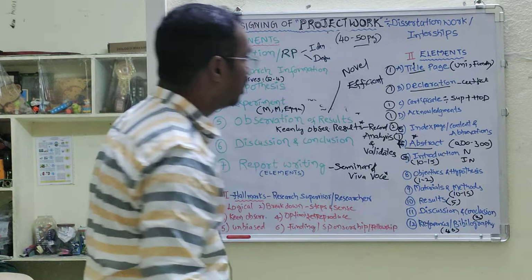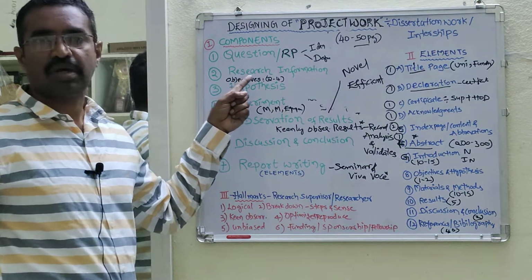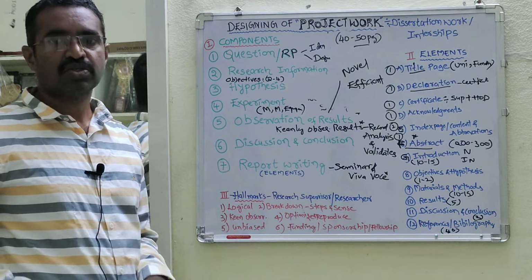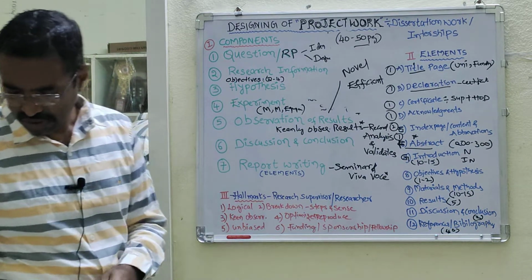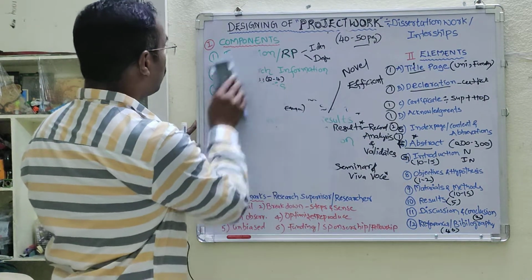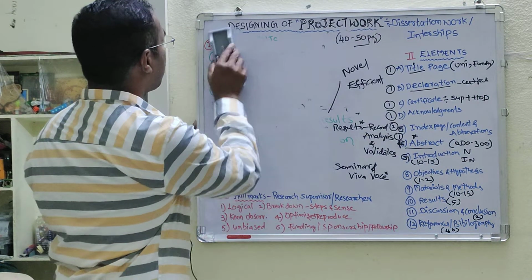As I told you, you are not going to do this work without any base. So while doing project work you should be very smart. I will explain what SMART is.